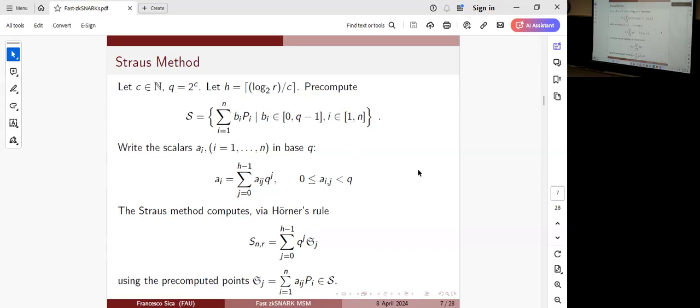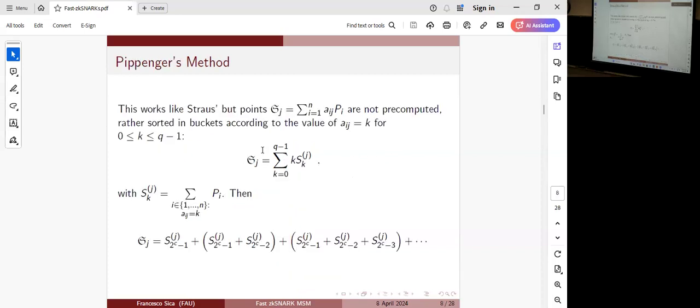So another way is to just, well, forget about the pre-computed points. So what are we doing then? Pippenger's method computes these sigma j's each time, so that these points are not pre-computed anymore, but are computed using some bucket method.